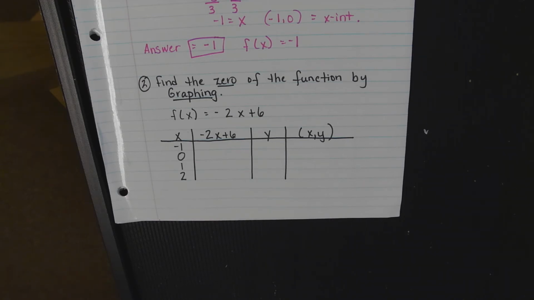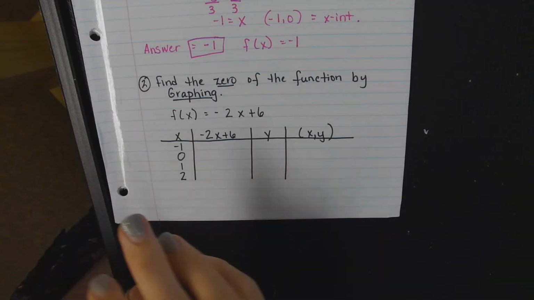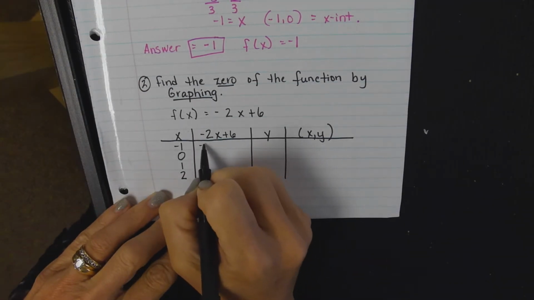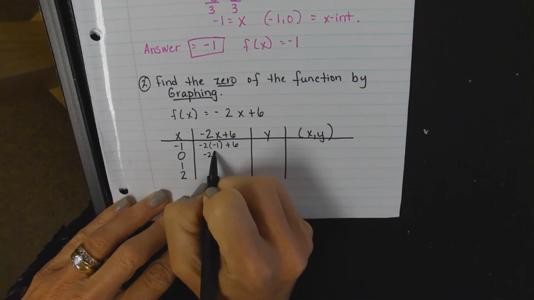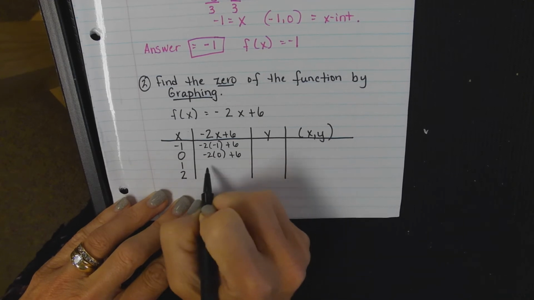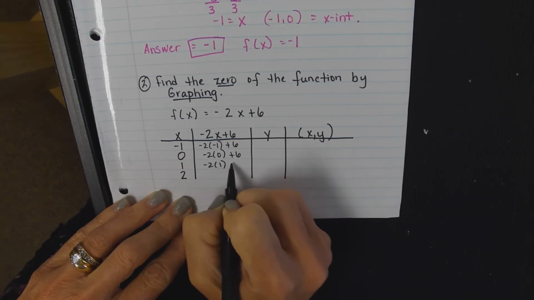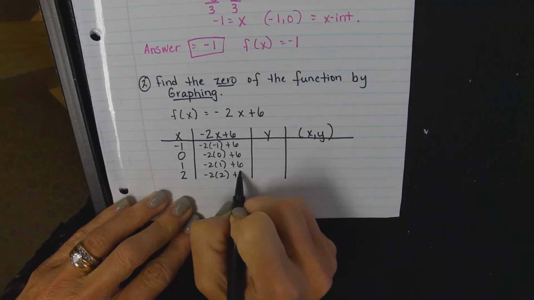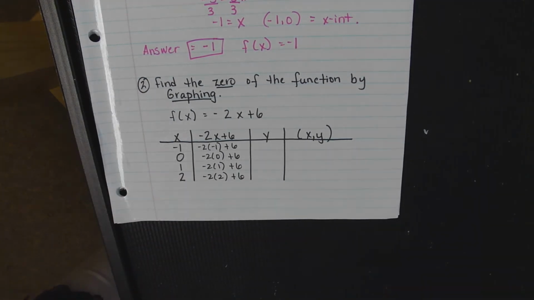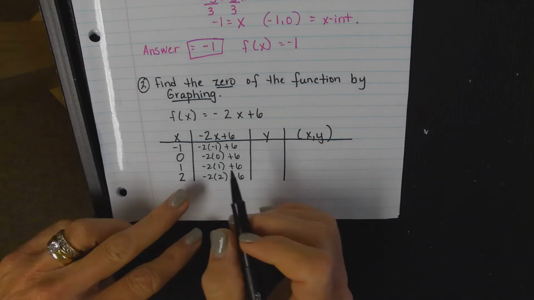Remember, the 0 is the x-intercept. Okay? So let's do the work. We have -2 times -1 plus 6, -2 times 0 plus 6, -2 times 1 plus 6, -2 times 2 plus 6. All right, now let's do the work.